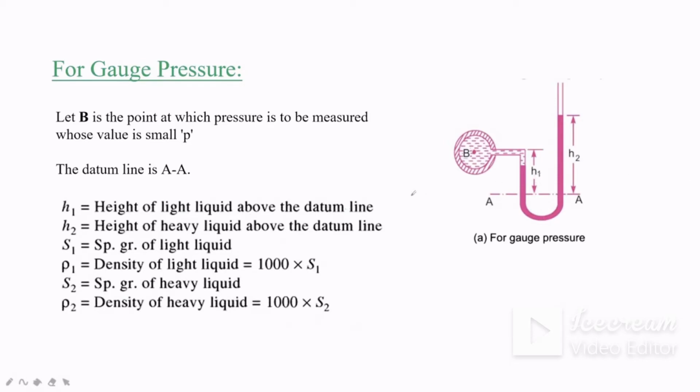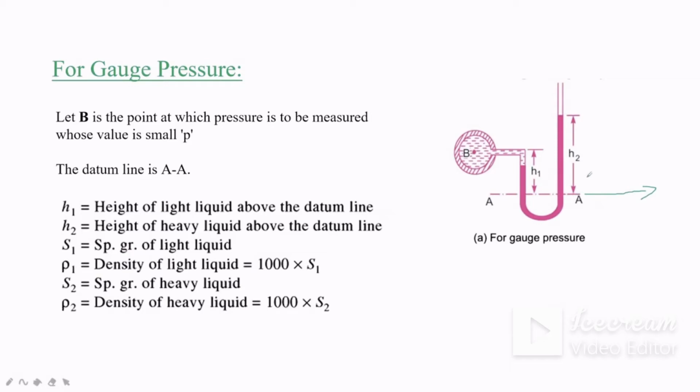So what is H1? H1 is the height of the light liquid above the datum line. This is the reference for us, this is the datum line. Whatever the liquid is, the height of the liquid above the datum line which we considered is H1.